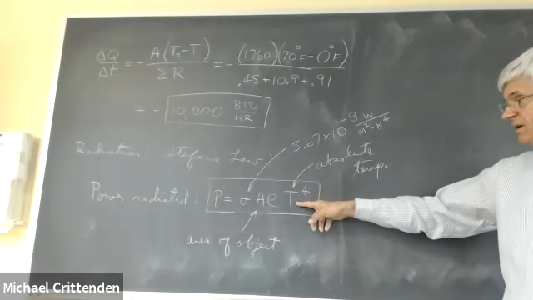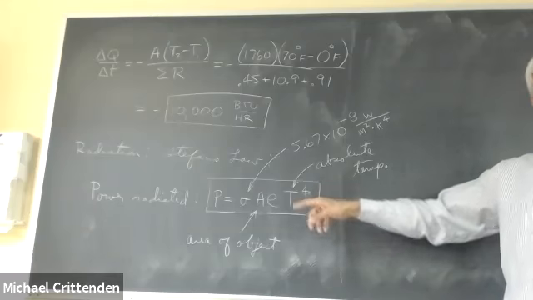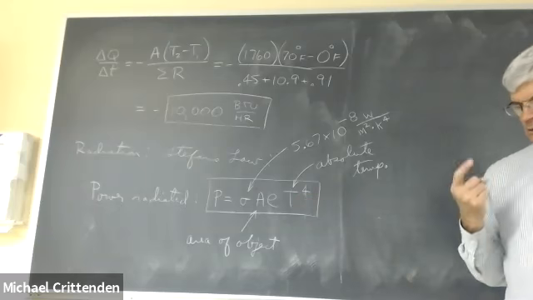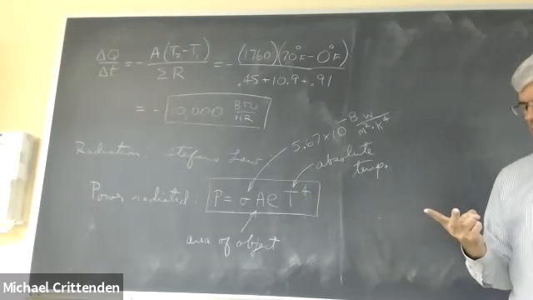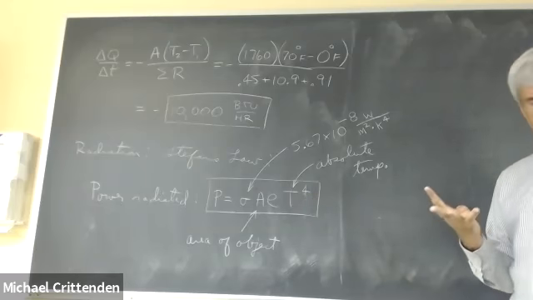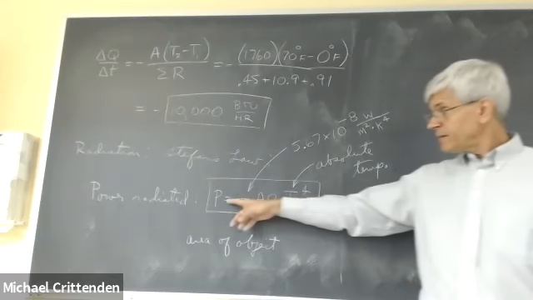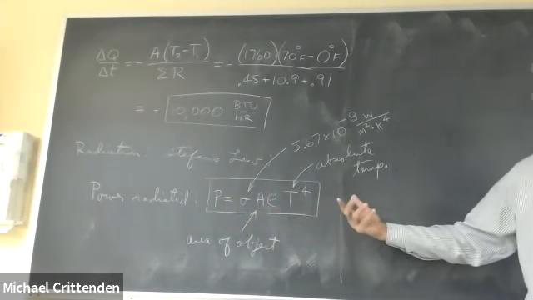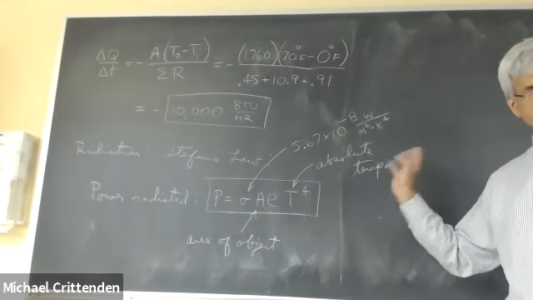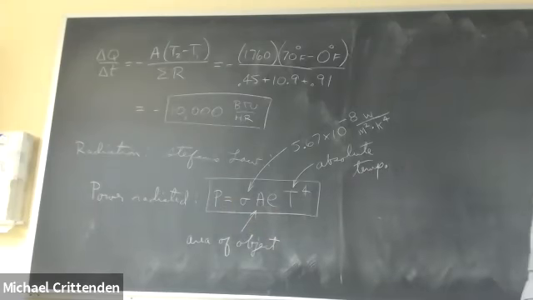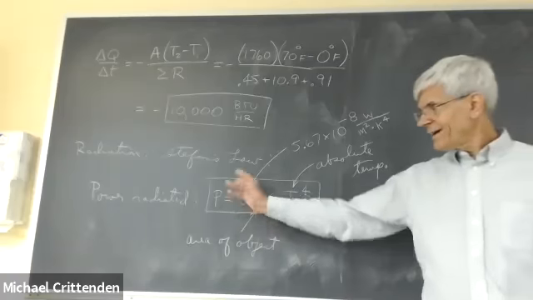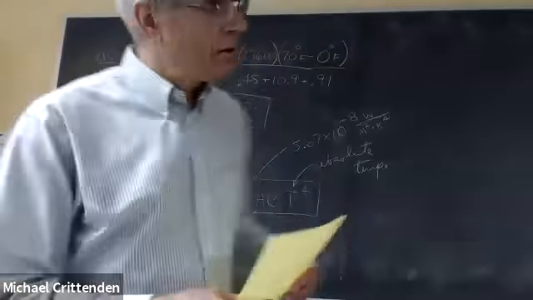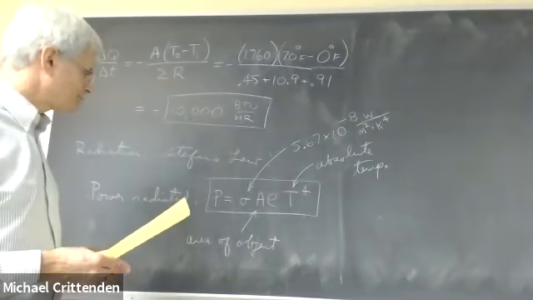If you just double the temperature, let's see, 2, 4, 8, 16. 16 times the rate of heat flow if you just double the temperature. 3 times the temperature, I'm not going to try and figure that out without a calculator. Well, let's see. That'd be 81. 3 times the temperature, 81 times the power, and so on.